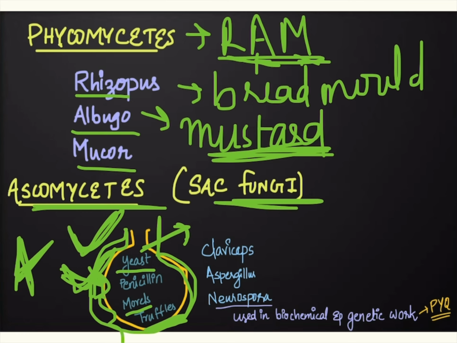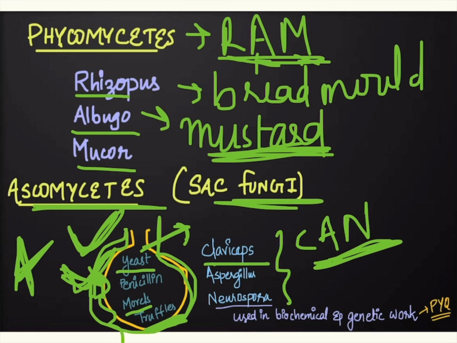This is the first trick, and then the next trick is CAN. C for Claviceps, Aspergillus, Neurospora are also examples of the Ascomycetes, and the trick for that is CAN.